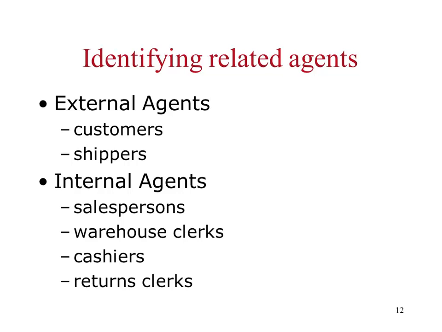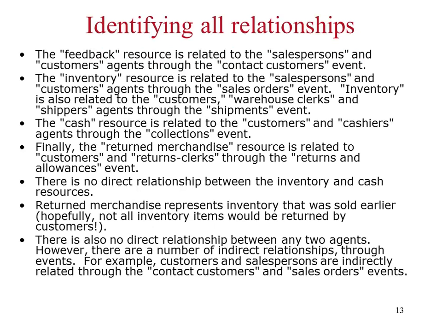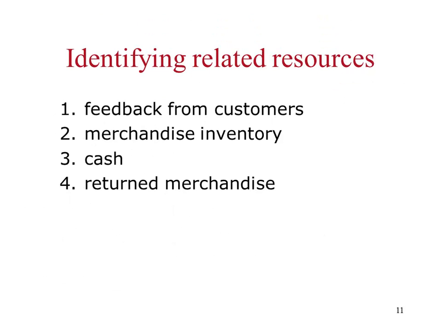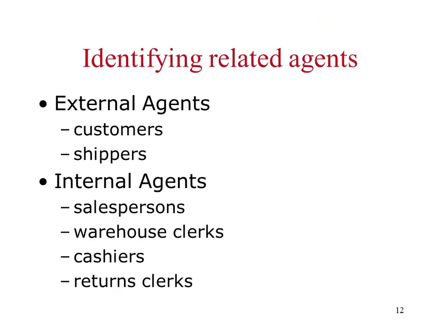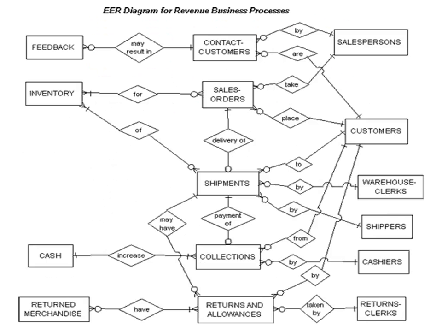Returns clerks are those employees who handle returns, possibly allowances. So you have resources, you have agents, and then you think, how are those related? Here you have relationships, but let's go directly to this ER diagram that you have in the book.